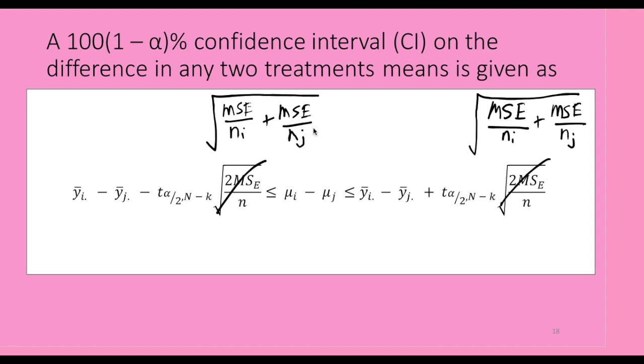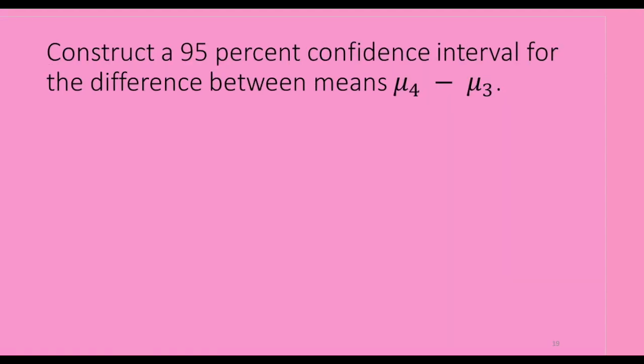Okay, let's do the calculation. Construct a 95% confidence interval for the difference between mu4 minus mu3. So the 95% confidence interval for mu4 minus mu3 would be y bar 4 dot minus y bar 3 dot.